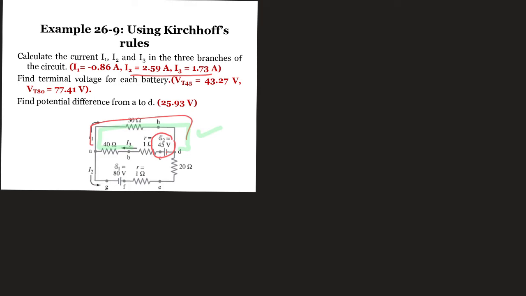So I'm going to use the discharging formula: terminal voltage equals EMF minus IR. EMF is 45 minus the I3 current of 1.73 ampere multiplied by the internal resistance of 1 ohm. You get 43.27 volt.